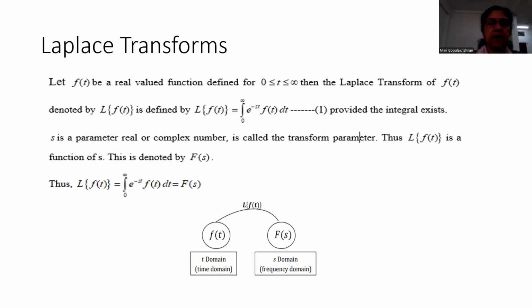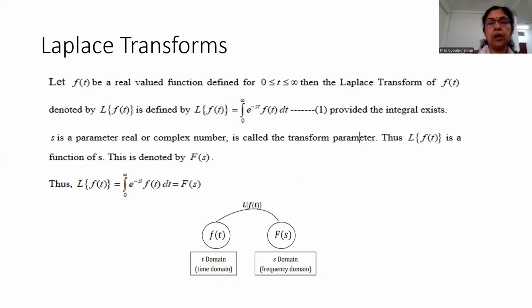Now, what is the Laplace transform? Let f of t be a real valued function where t is defined between 0 to infinity, and the Laplace transform of this real valued function f of t is defined as the integral from 0 to infinity of e raised to minus st times f of t dt, provided the integral exists, where s is a parameter.